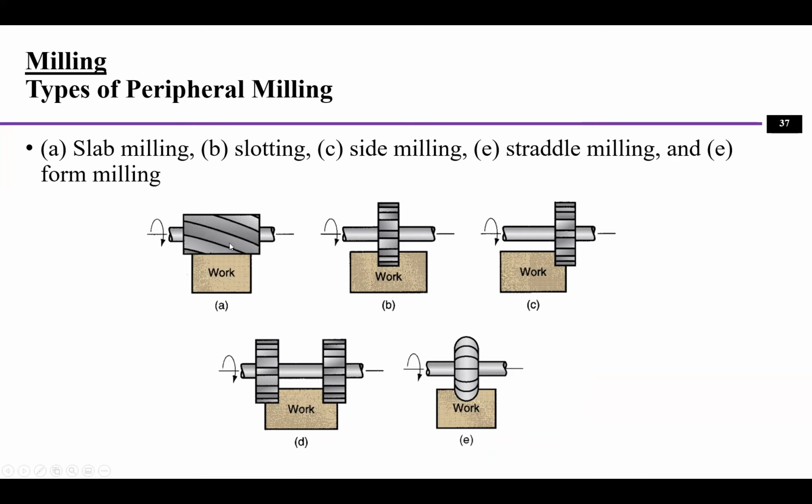Like the first one, we can make a slab milling to machine the whole surface. Or we can use this kind of tool to make a slot. Or we can machine the edges with the tool, or do straddle milling like this, or form milling.